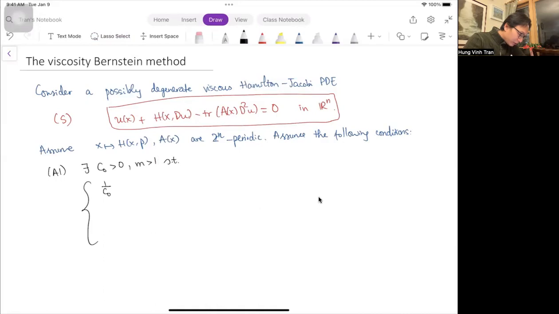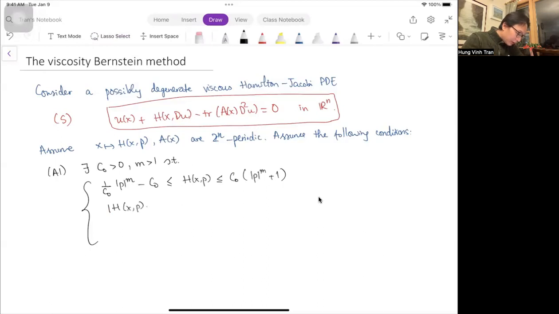So 1 over C naught times |p|^m minus C naught is less than or equal to H(x,p), less than or equal to C naught times |p|^m plus 1. Okay, so it grows like |p|^m with upper and lower bounds.